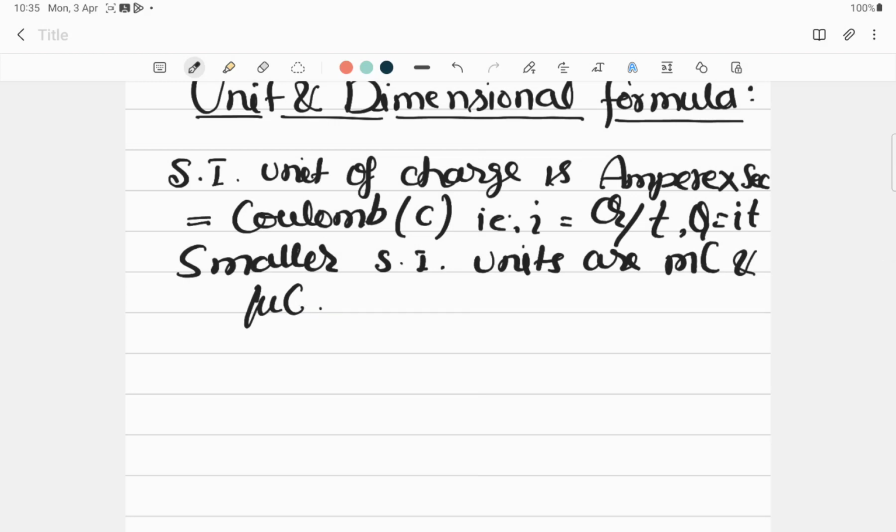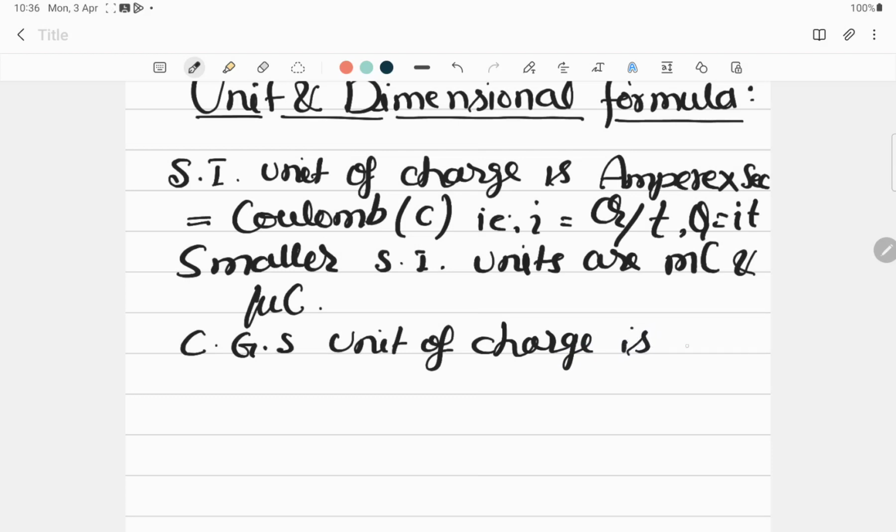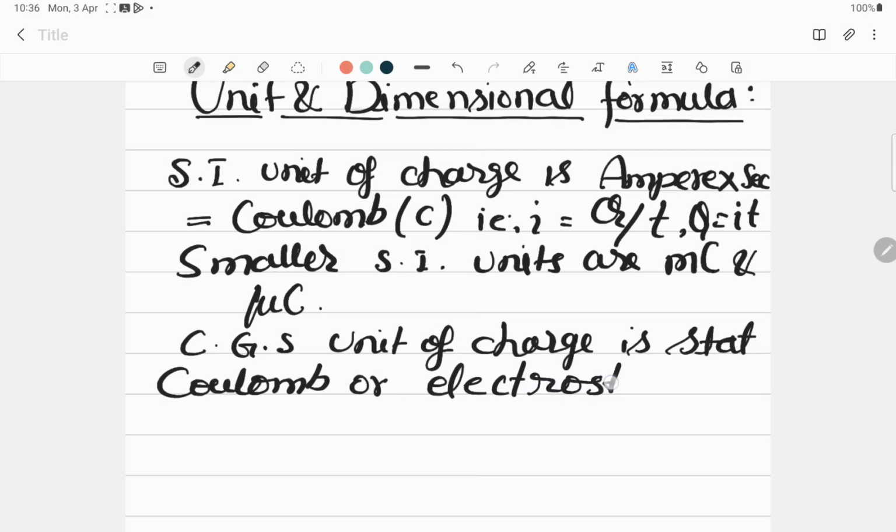And in CGS unit system, unit of charge is stat coulomb, or electrostatic unit, ESU.